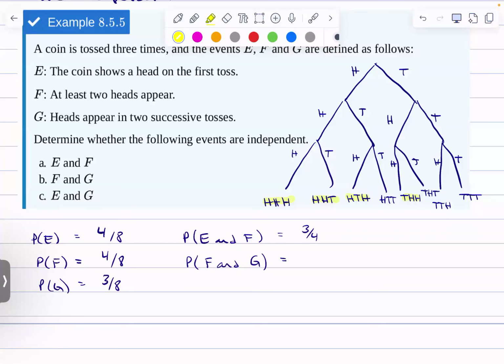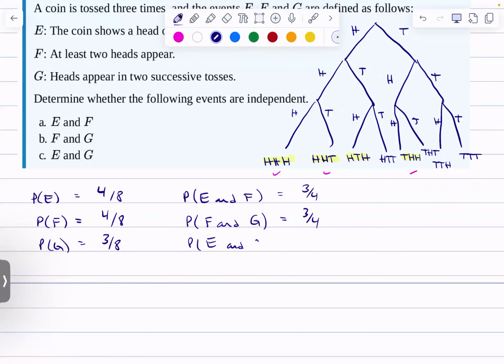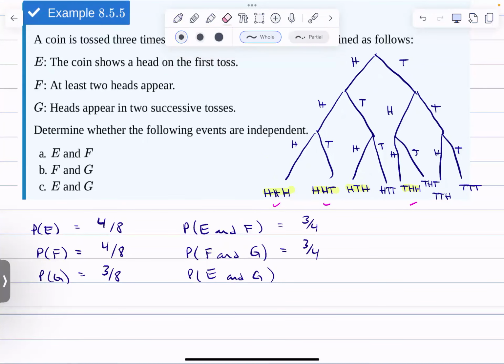And heads appear in 2 successive tosses, which is here, here, here. 3/4. And the probability of E and G, let's remove this.